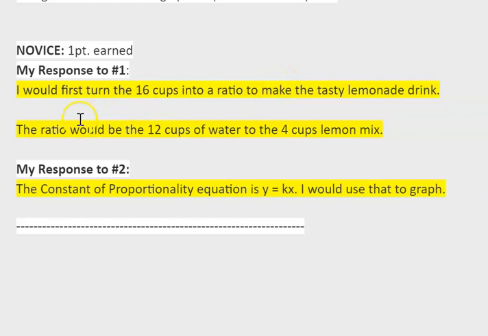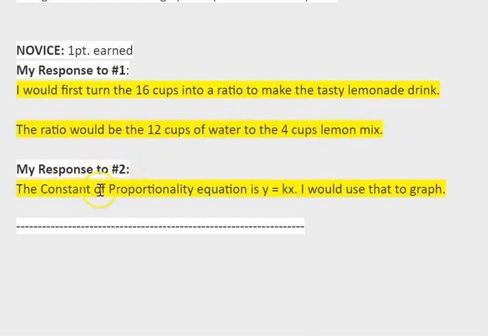So let's go down to the second part. They do write for the first response, the ratio will be 12 cups of water to 4 cups lemon mix. Agreed. Where's my ratio? How do you represent that correct statement mathematically? Where is my 12 over 4? So that's where they get hit. Where? How? Let's go over to response number 2.